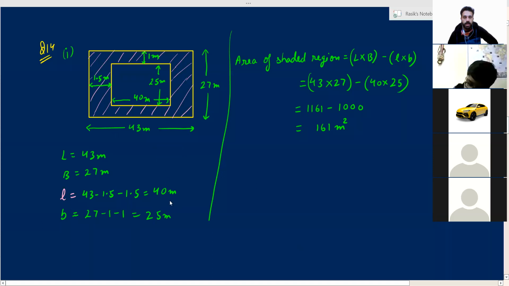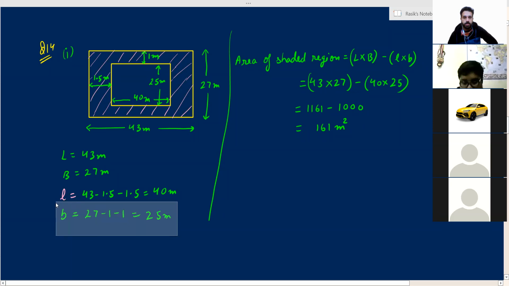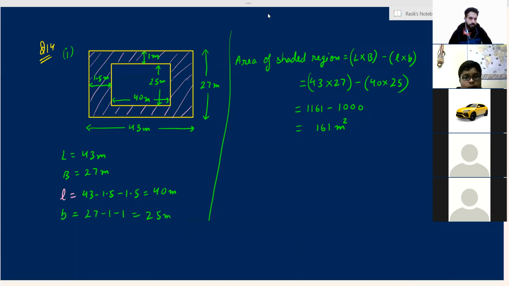So if you are finding the length of the inner rectangle, you will subtract 1.5, 1.5 from the left side and right side. So you get 40 meter length of the inner rectangle. And when you are finding the breadth, you subtract 1 meter, not 1.5. Getting the point, all of you, 7B students? Start doing the question, make the figure, start doing the question yourself.